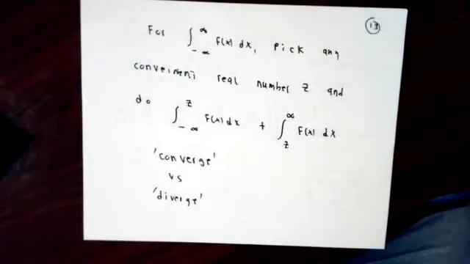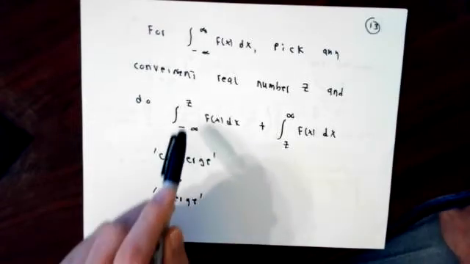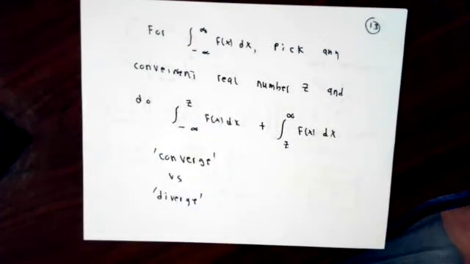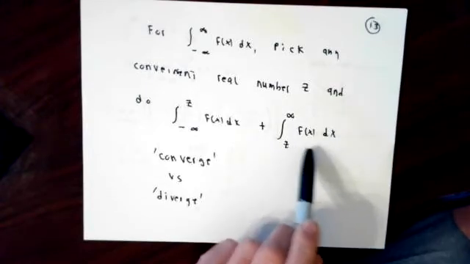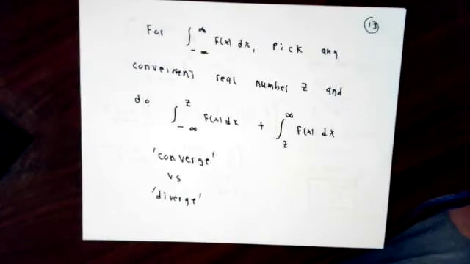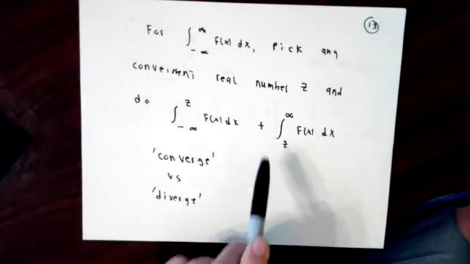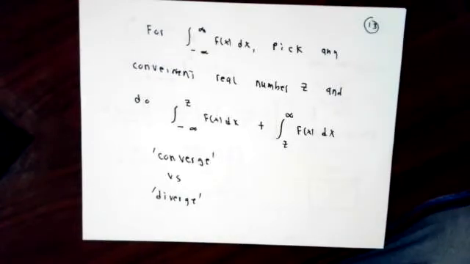For the third type, the integral from negative infinity to positive infinity of f of x dx, pick some convenient real number z and integrate first from negative infinity up to z in the way that we mentioned on the previous page. This is a limit of things. Then integrate from z to infinity of f of x dx, which is also a limit of things, and then add those two things together.